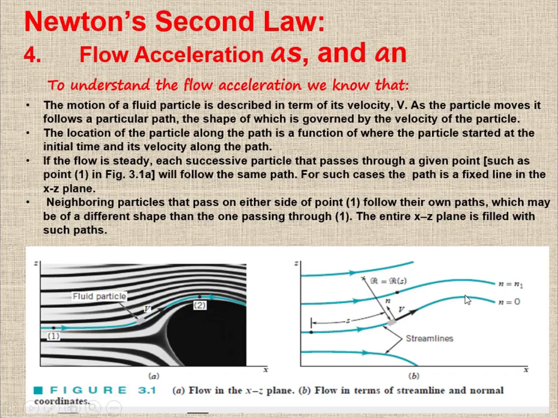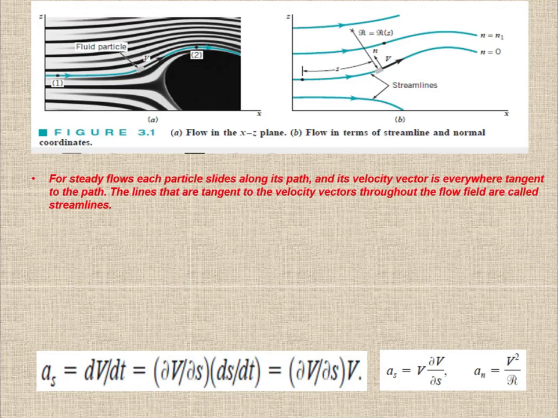Wherever you look, you will find the velocity is tangential to the streamline. Such lines are called streamlines. For steady flow, each particle slides along its path and its velocity vector is everywhere tangential to the path. The lines that are tangent to the velocity vector throughout the flow field are called streamlines.